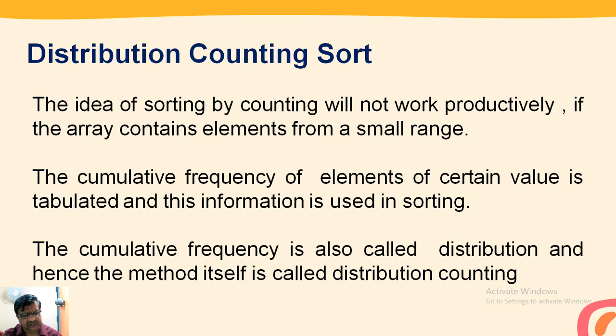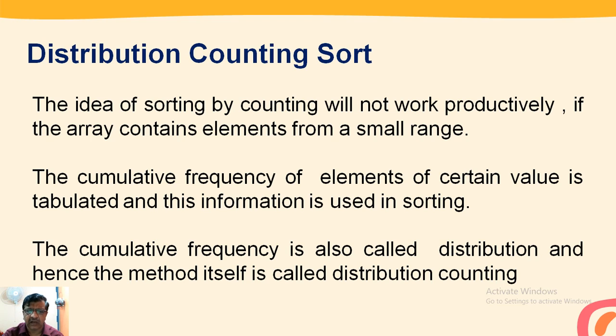There will be multiple occurrences of the same element, because all the elements put together will have come from a small range. And this idea of sorting by counting will not work productively as far as this kind of array is concerned, because there will be many elements with the same value.